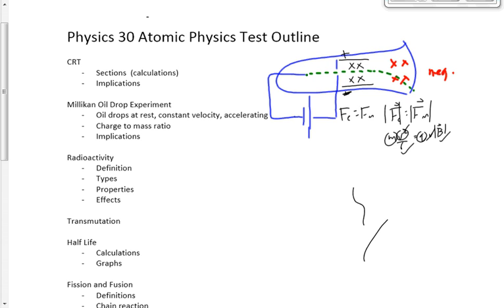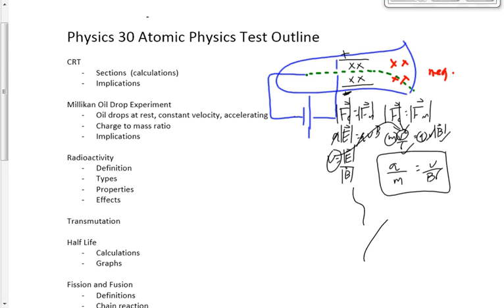Fe equals Fm. So we're going to say qE is equal to qvB. The q's cancel, v is equal to E over B. Now we've got another variable, v, that we can plug into here. Now all we don't have is q and m. Rearrange this to solve for q over m, the charge to mass ratio. That's all Thomson could do.